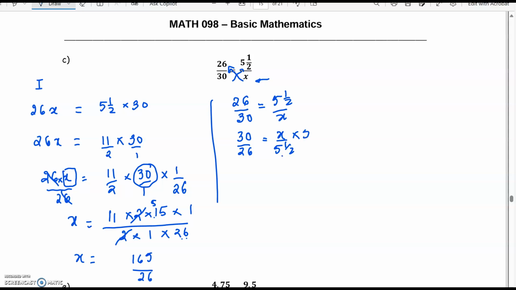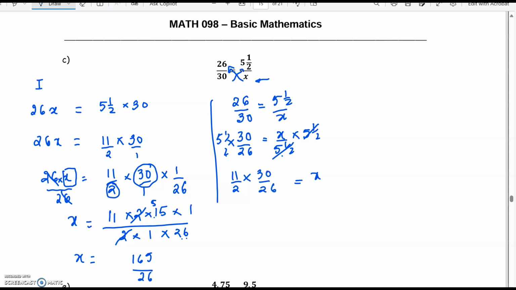By multiplying with a 5.5 on both sides. So we cancel the 5.5s and we have x equals 5.5, which is 5 times 2 is 10, plus 1, which is 11 over 2, times 30 over 26.